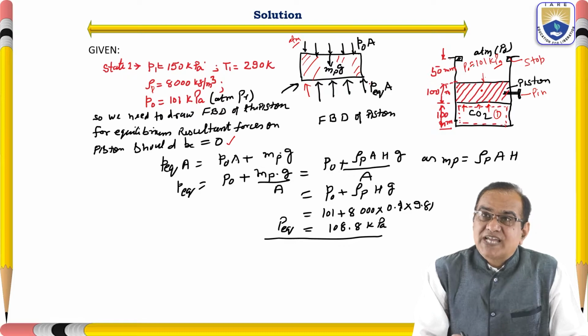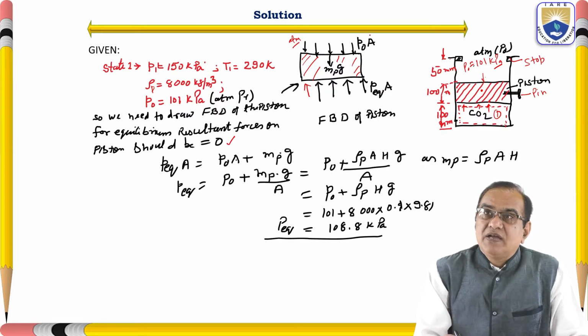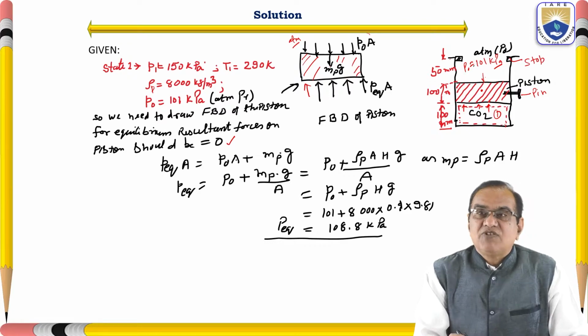So this force, P equilibrium A, should be equal to the upper surface force acting downwards and the weight of the piston, which is also acting downwards.